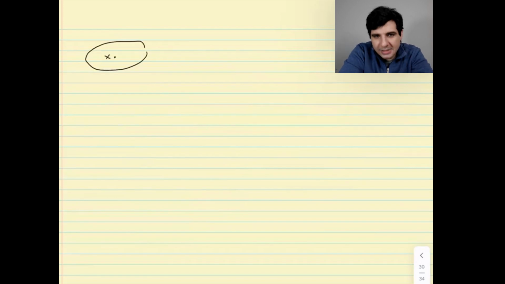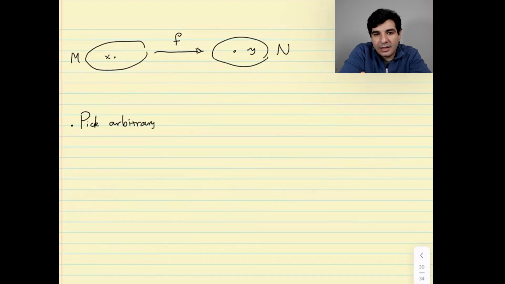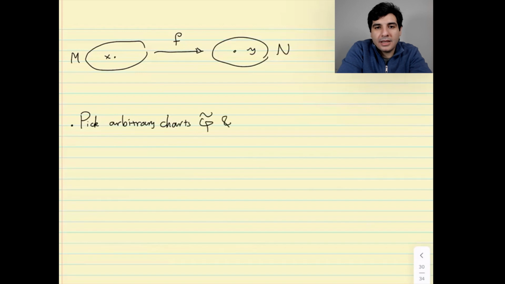Okay, so let's go back and think about M and N. They are smooth manifolds, right? And just because they're smooth manifolds, any point in M or any point in N has charts around it.